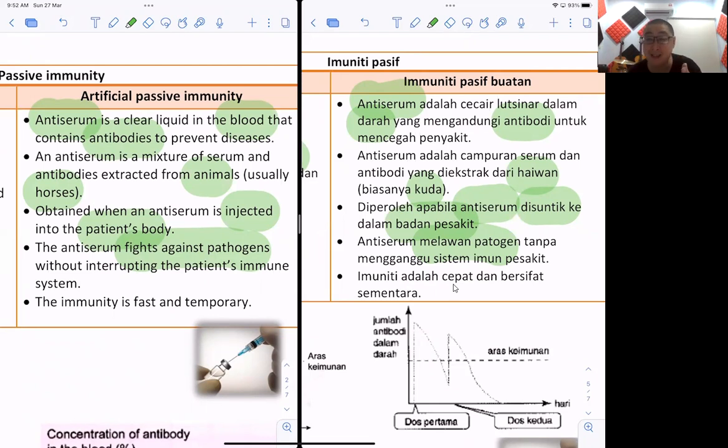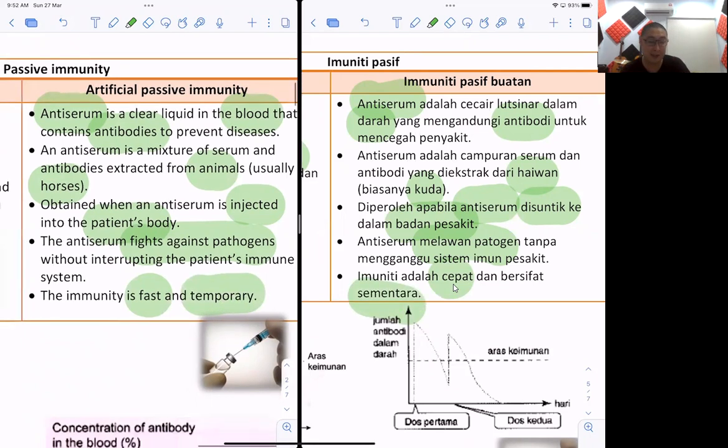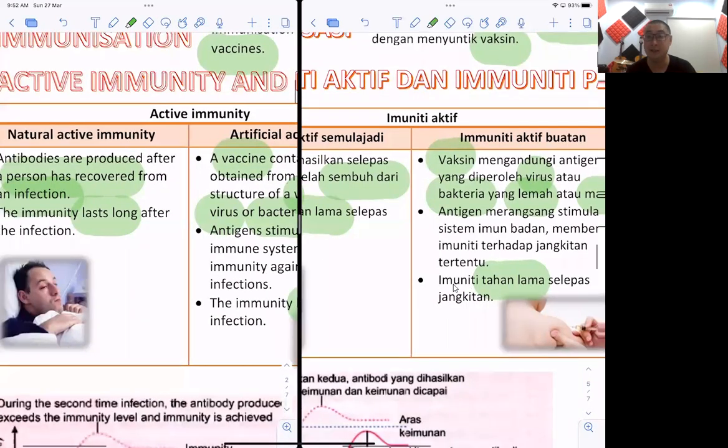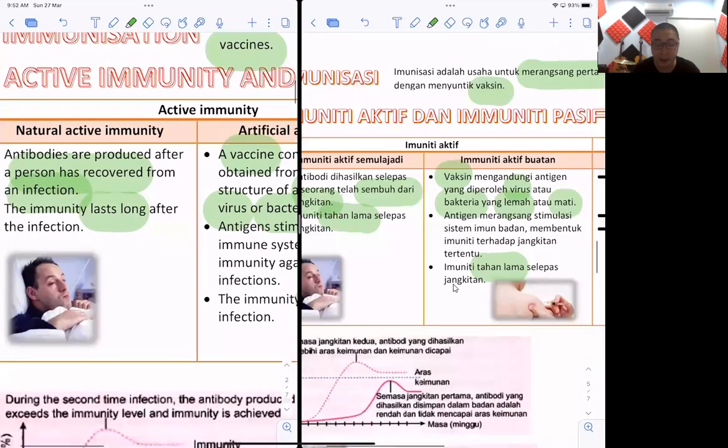But will it come back? It will. So the immunity of this is fast, cepat, yet only temporary. So not as good as your active immunity. So you can see the difference right there, active immunity and passive immunity.